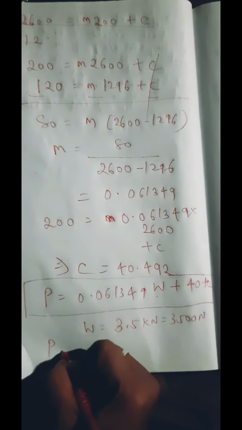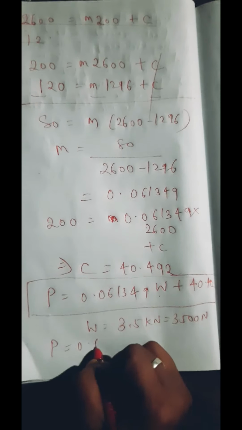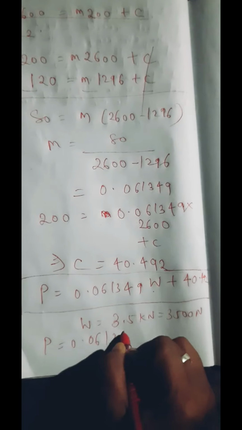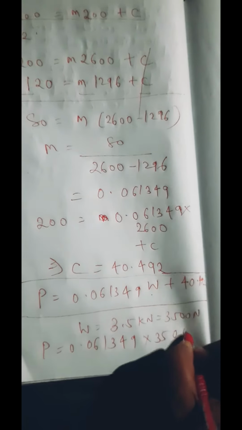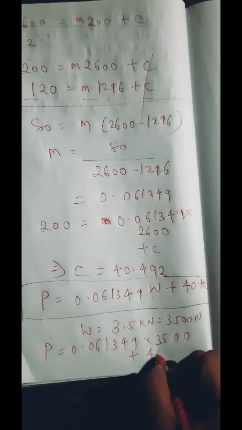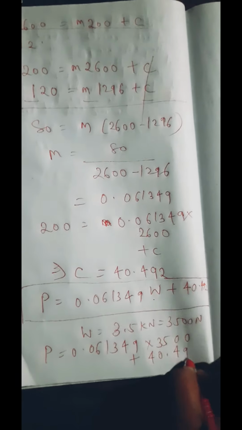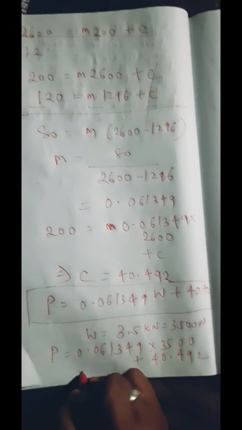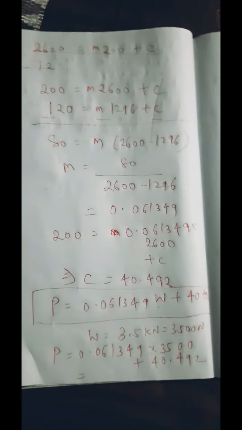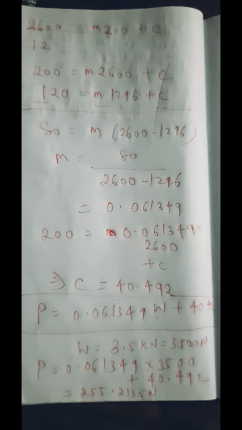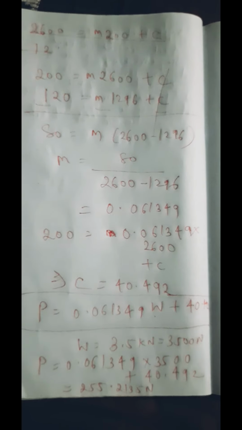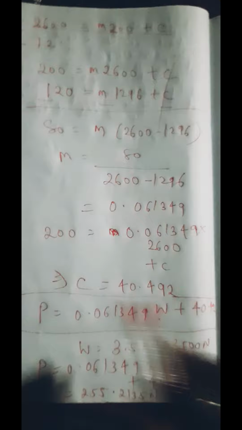That implies P equal to 0.061349 into W, that is 3500, plus 40.492. So that will be the answer. I'll check the answer again. So the answer is 255.2135 Newton.